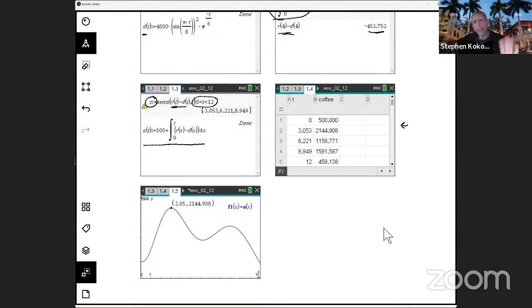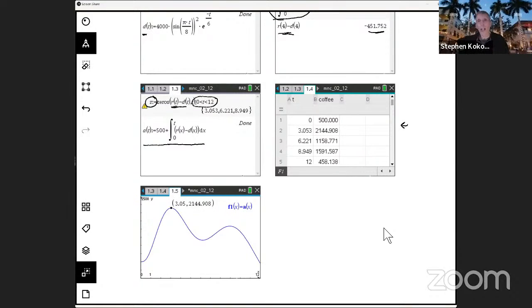So without showing you all of the calculations, what I do find really cool here is that I can actually create this table for the candidates test in a lists and spreadsheet page. So you can see my values of t in that first column, and I evaluated this function A in the right-hand or in the second column. I can now look at that and pick off the maximum value, and that occurs at time t equal 3.053.